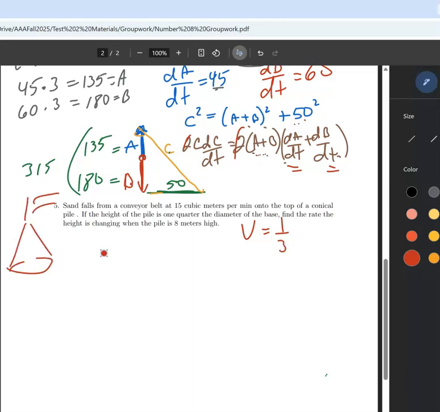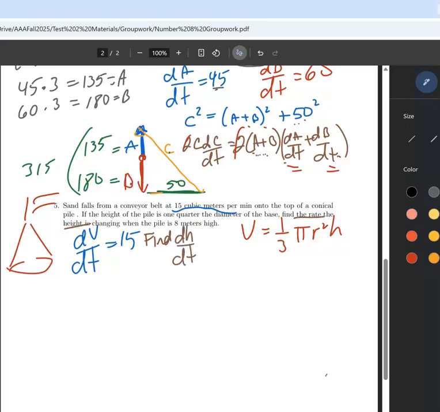One-third pi r squared h. Okay, so this is telling us volume, right? Cubic meters. So dV over dt is 15, and it's growing, so it's positive. And let's see, what are they asking us to find? They're asking us to find the height. So find dH over dt.